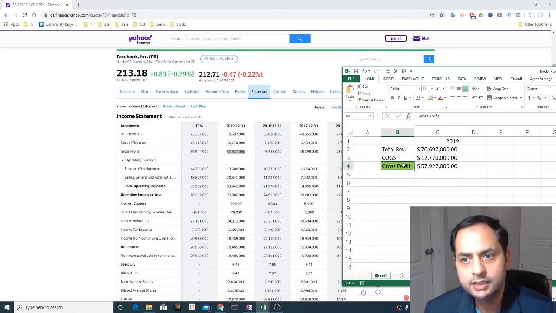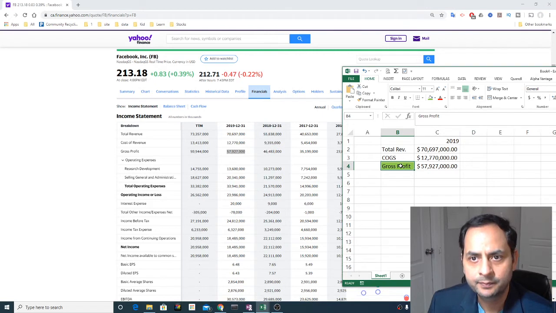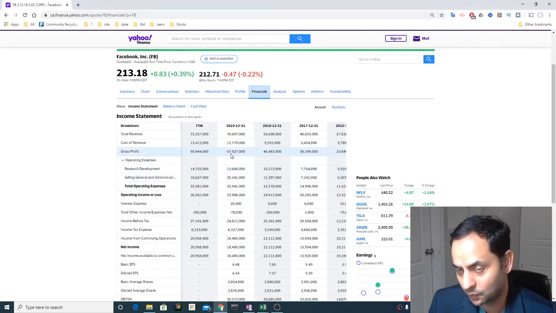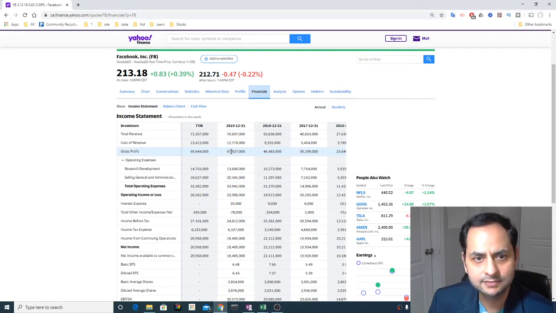We need to see not only the revenue, but also that the gross profit is improving. It doesn't make any sense for the company if the revenue is increasing but the gross profit is not, because in that case the cost may be increasing.